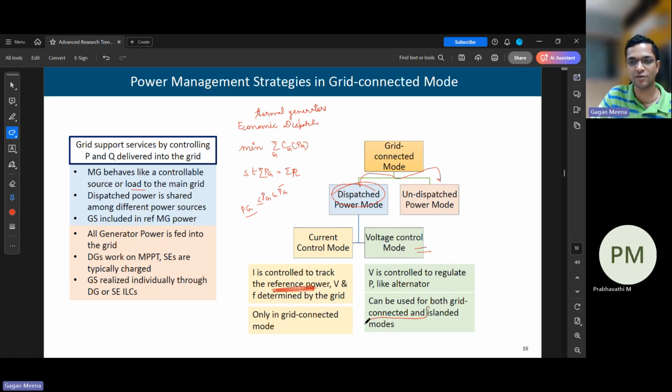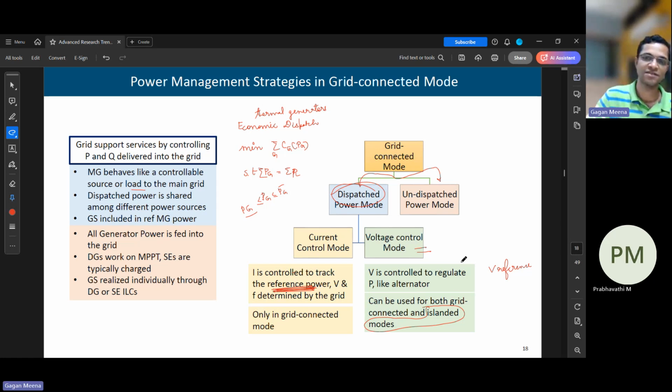In islanded mode also, at least one of the DGs has to operate in the voltage control mode because the voltage reference is not available from the main grid. We have seen grid forming, grid supporting, and one more, which one?